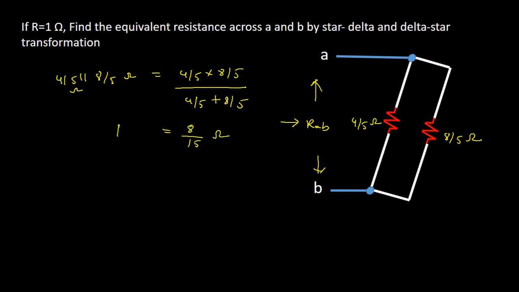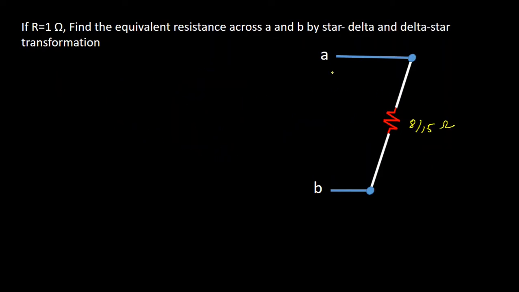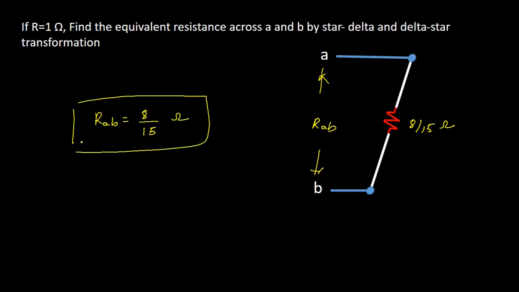So the resistance RAB will be equal to 8 by 15 ohm. So the equivalent resistance across A and B, that is RAB, is equal to 8 by 15 ohm. So this is the answer for this circuit.